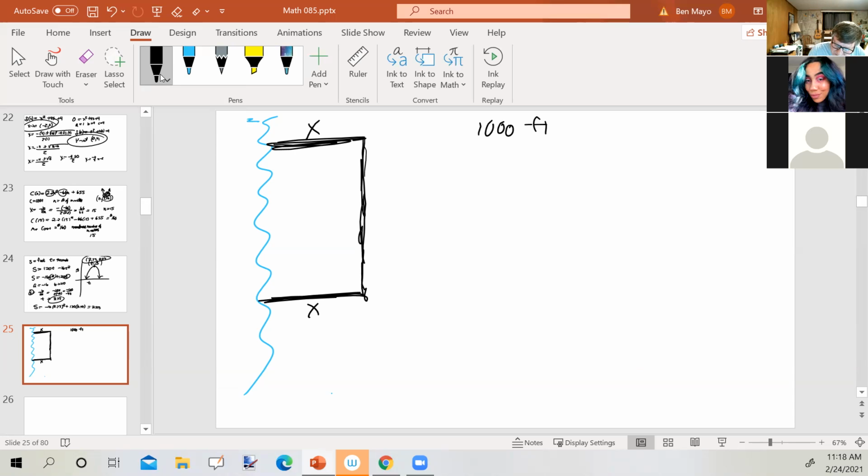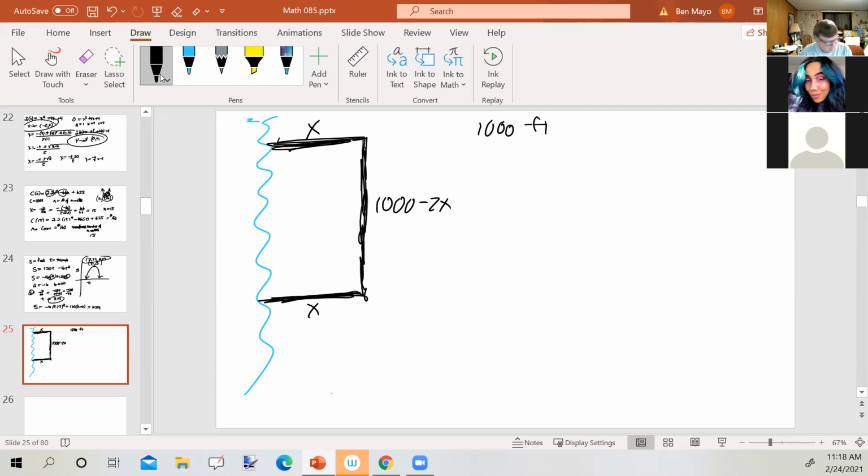Well, if the whole thing is 1,000 and we take off an X and we take off an X, what have we got left? We've got 1,000 minus 2X. So this piece right here is 1,000 feet minus the 2X.